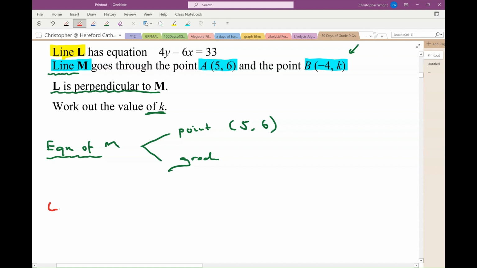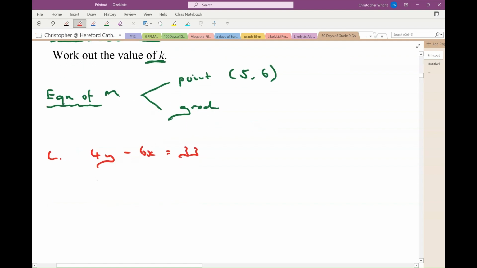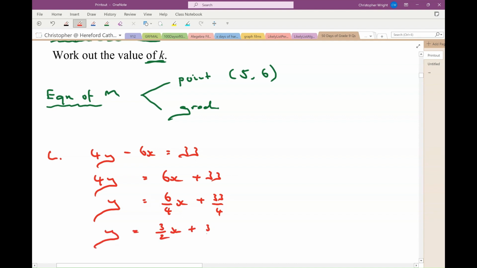So do I know the gradient of L? Well, I know the equation of L is 4y minus 6x equals 33. So if I rearrange that to make y the subject, then I'll be able to read off what the gradient is, because if y is the subject, then the gradient is simply the coefficient of x. So the gradient here is simply 3 over 2.